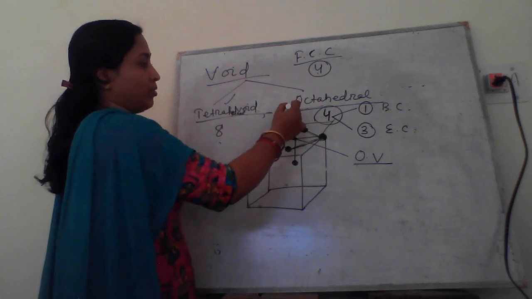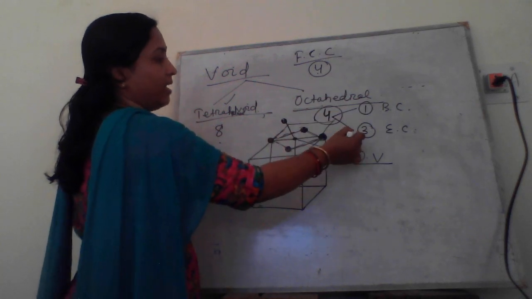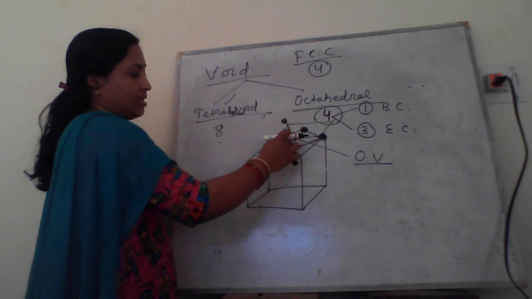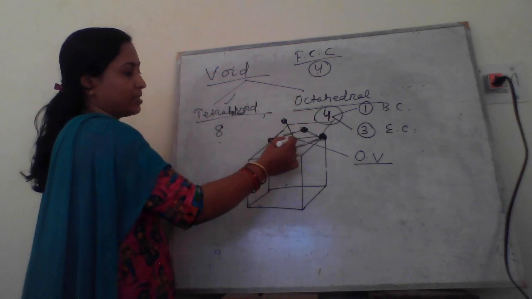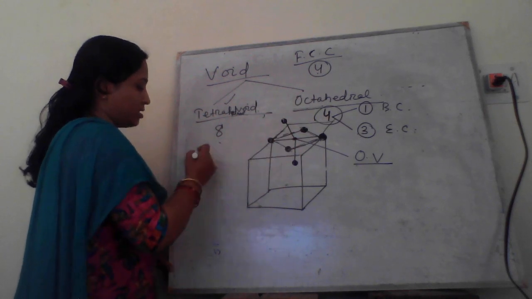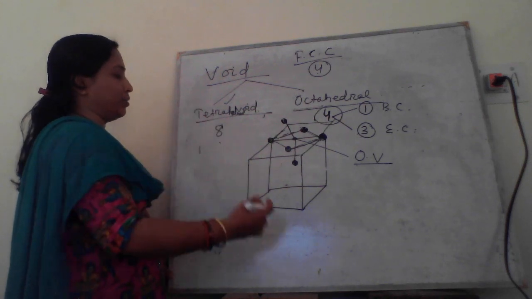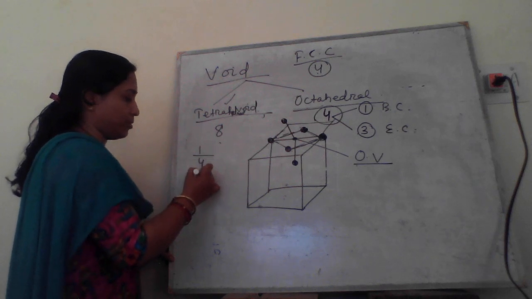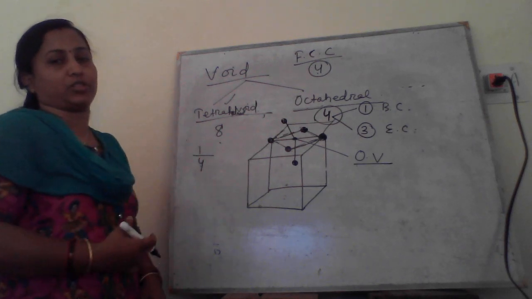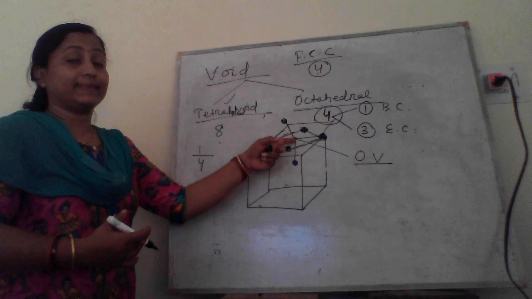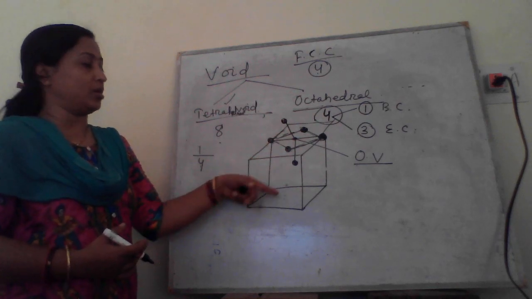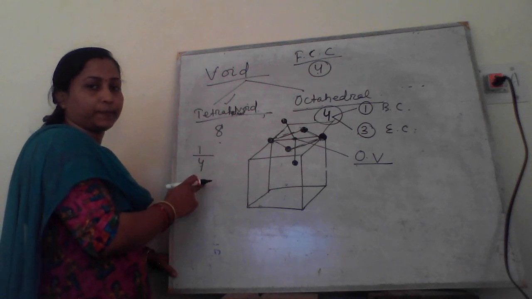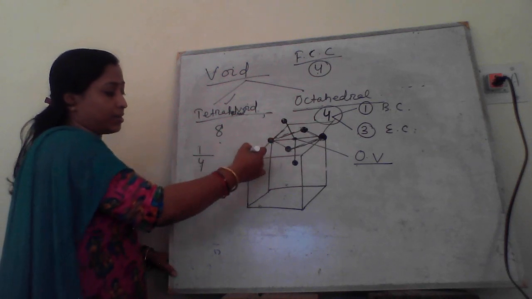But we know the octahedral voids are 3 at the edge center. So at one edge, the void which is present at the edge is contributed to 4 unit cells at a time. So it contributes 1/4 portion to this unit cell, 1/4 portion to this unit cell. So its contribution is 1/4, whereas there are 12 edges.